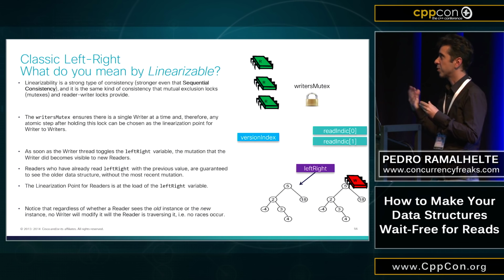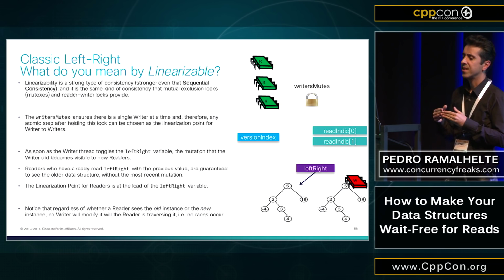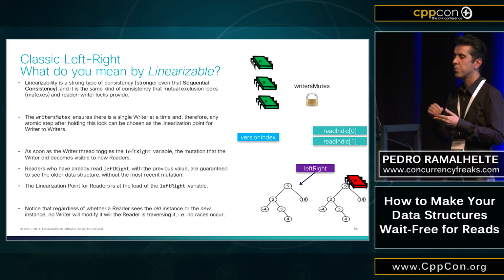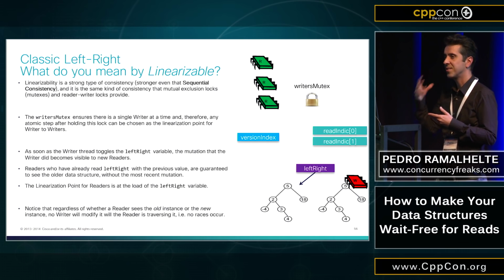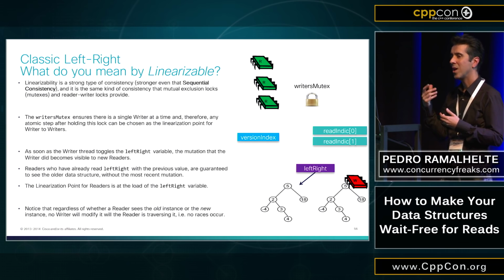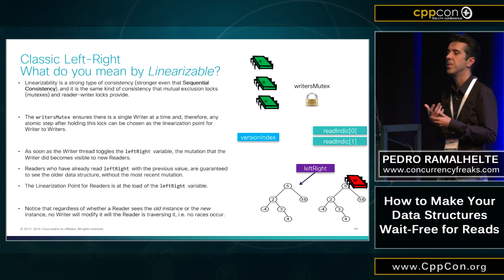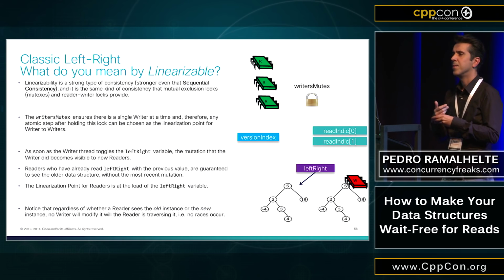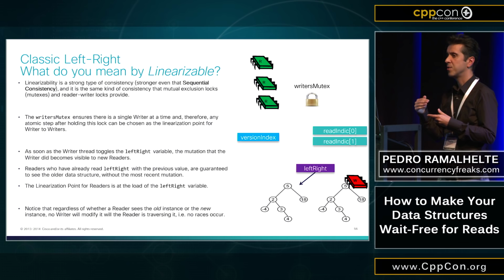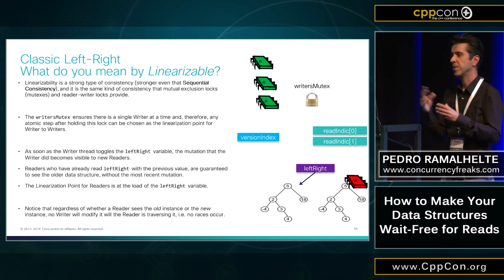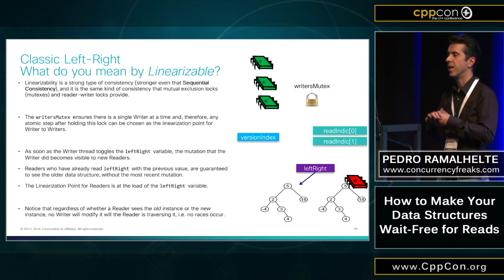So the thing about concurrent data structures is that if they're not at least sequentially consistent, it's very hard for the human brain to understand how they work and what kind of behavior to expect out of them. You can make something that's more relaxed, but it's going to give some weird values, and you really don't know what to expect out of it.